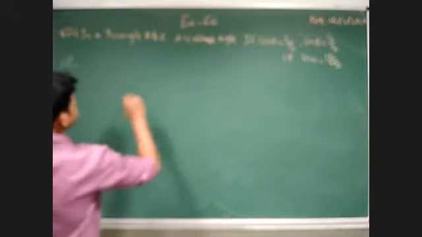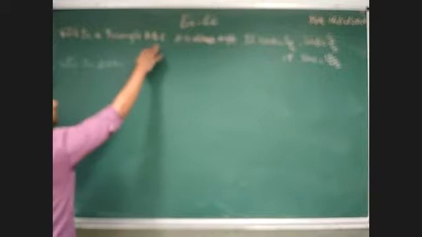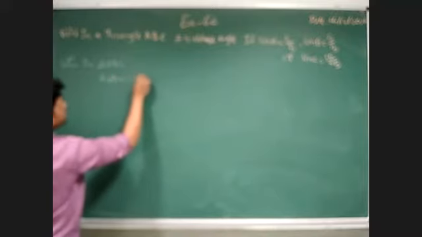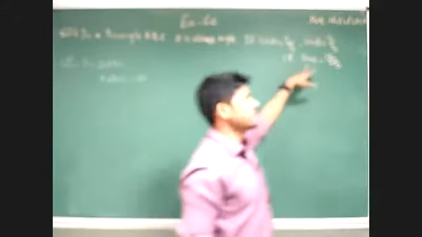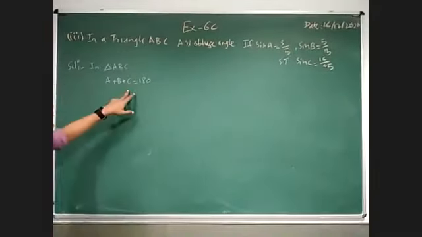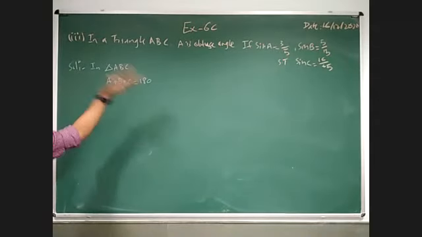So in triangle ABC, A is obtuse angle, so that means A plus B plus C is equal to 180 degrees. Okay, now what we have to show is sin C. So here I am going to separate sin C and throw the rest of the part on the other side.